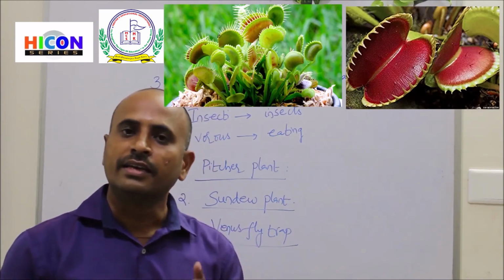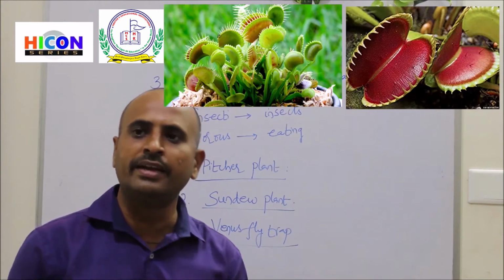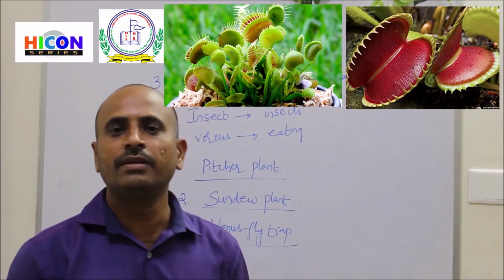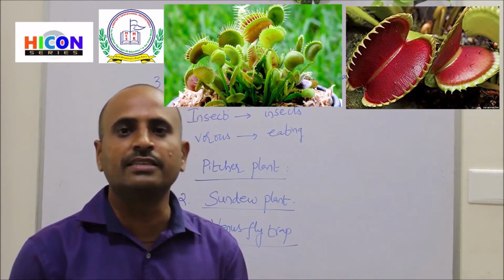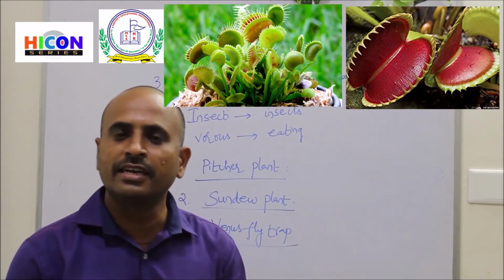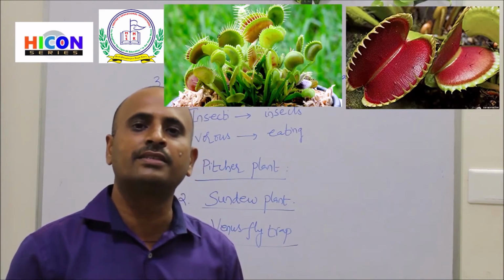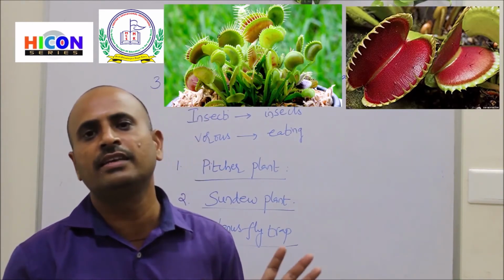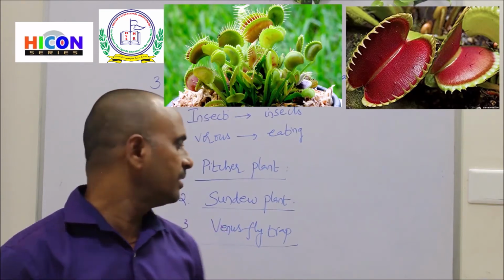So when an insect enters the blades, they will snap shut, and the insect cannot come outside the blades. It will completely close in the insect, kill it, and finally eat the insect.